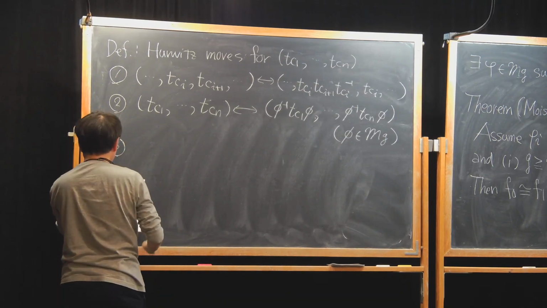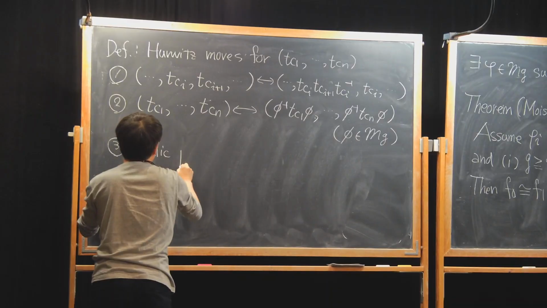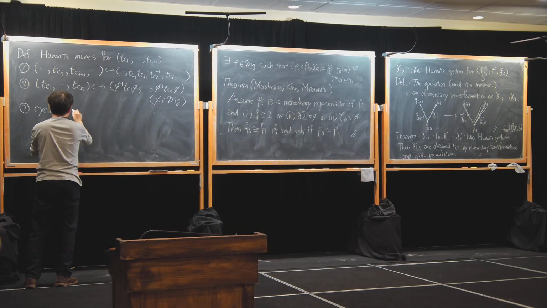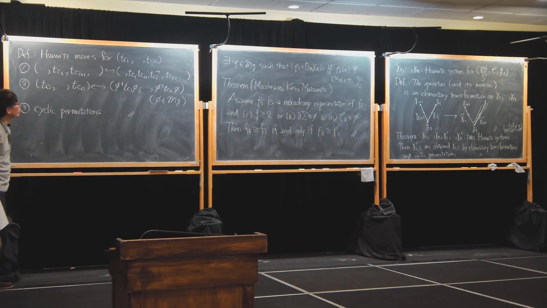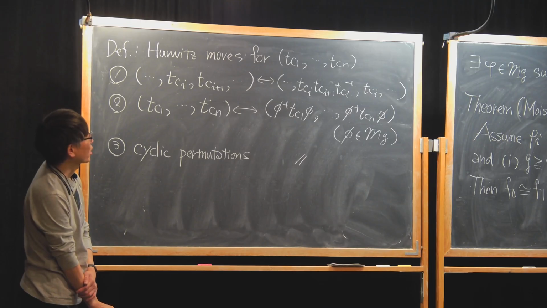The third move is the cyclic permutation of these right-handed Dehn twists. So these three moves are called Hurwitz moves for the collection of Dehn twists.